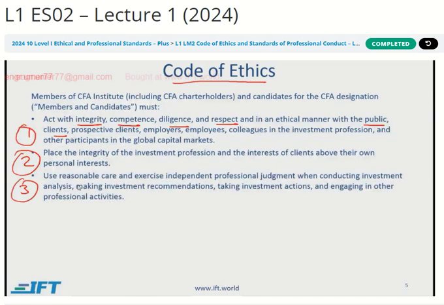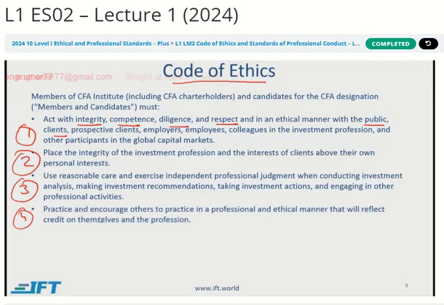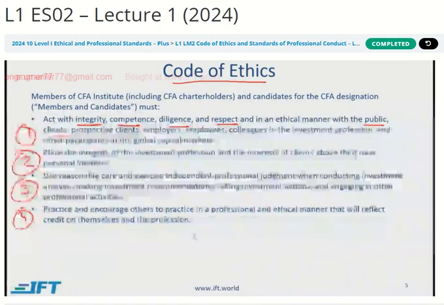Number 3, use reasonable care and exercise independent professional judgment when conducting investment analysis, making investment recommendations, taking investment actions, and engaging in other professional activities. Number 4, practice and encourage others to practice in a professional and ethical manner that will reflect credit on themselves and the profession.